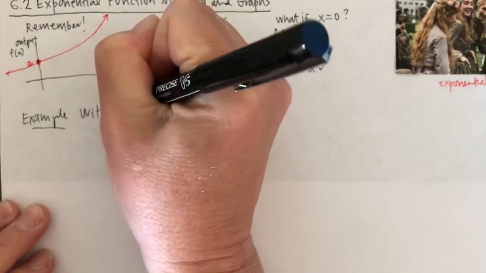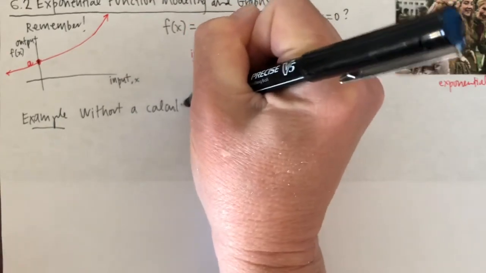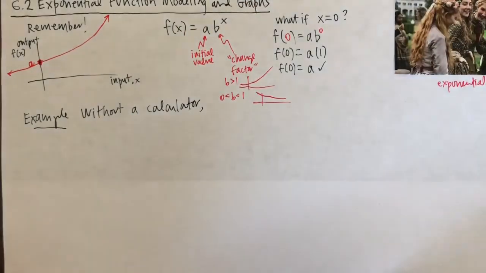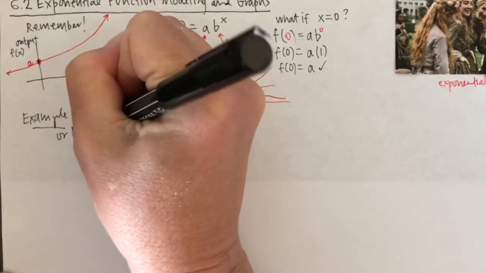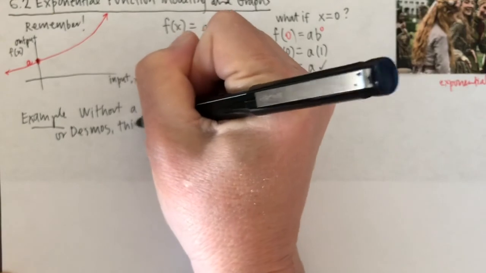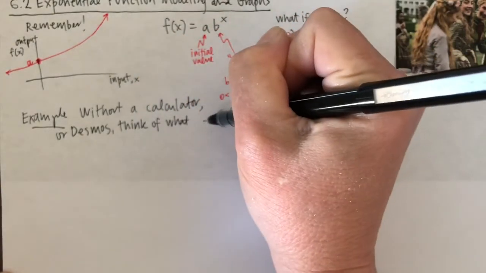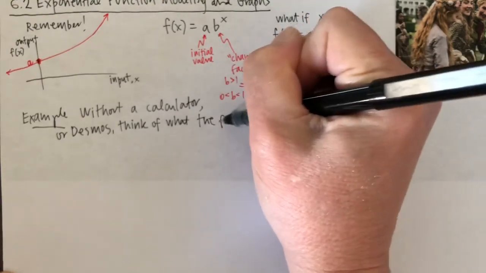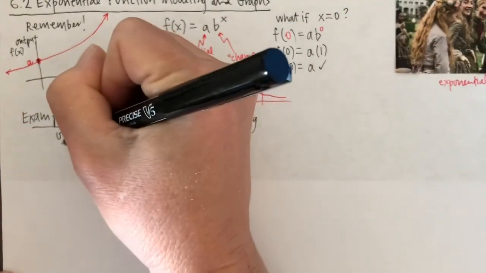For our example, without a calculator or Desmos, let's see if we can think of what the following would look like.